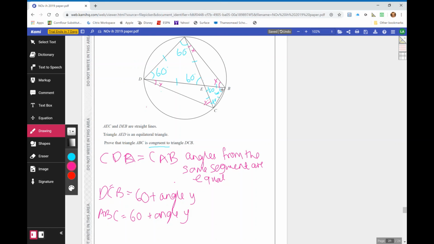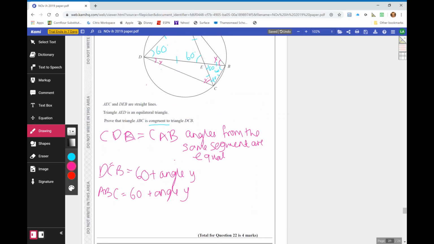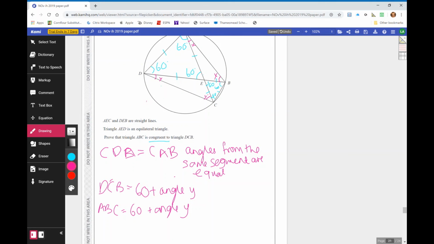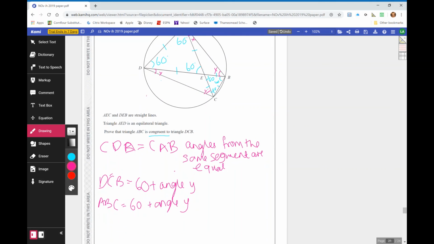And the third angle in the triangle you can actually see are both going to be 60 because they fall inside the equilateral triangle under here. So that will be angle ACB equals DBC, and then you can write in there because equilateral triangle.